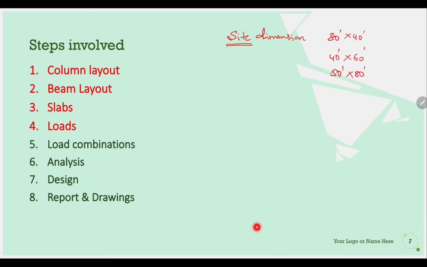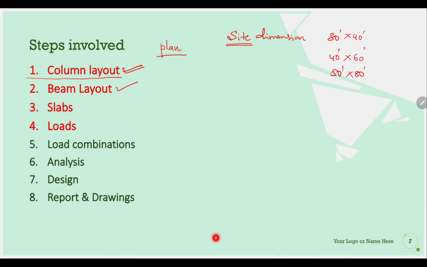The client will come with that and he will give you the land data or the survey data available with him. Then you need to prepare the plan, or the client directly comes with the architectural plan. So whatever it is, you need to take the plan and fix the column layout. That is the first step every structural engineer or civil engineer will do. So column layout, you need to fix that.